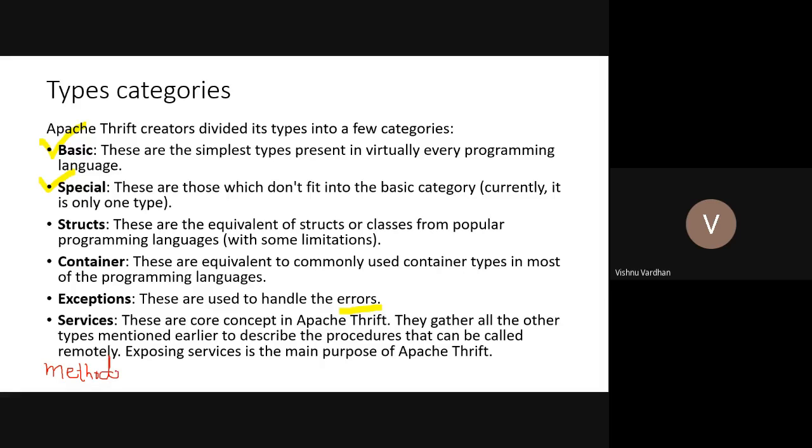Ultimately, first of all, we take the data types. After constructing the input according to this data types formation, all these methods are generated, which are called services. So ultimately, exposing services is the main purpose of Apache Thrift.